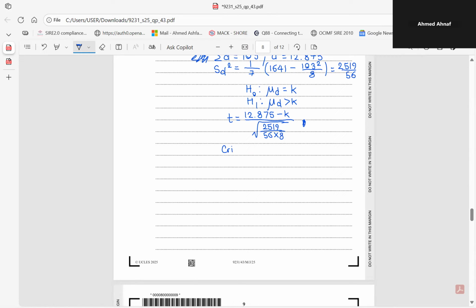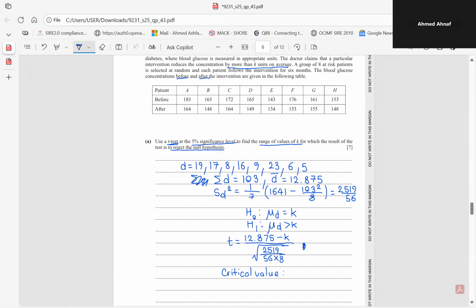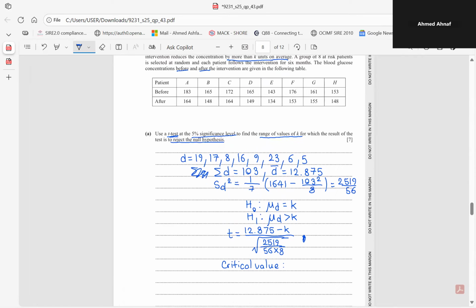Now let's find the critical value. Since it's a t-test, to find the critical value you need two parameters. One is your p-value, which is very obvious. According to our hypothesis, since we're finding out whether mu d is more than k, not whether mu d is equal to k or not, this is going to be a one-tail test because we're only focusing on the upper tail, not the bottom tail.